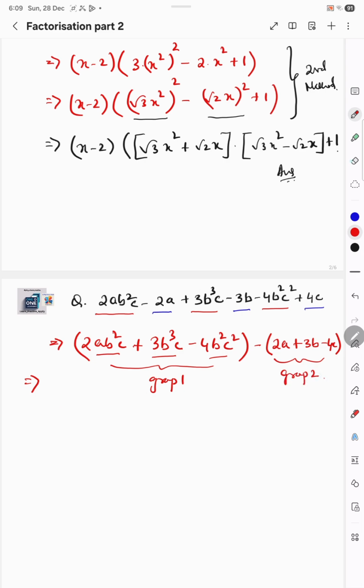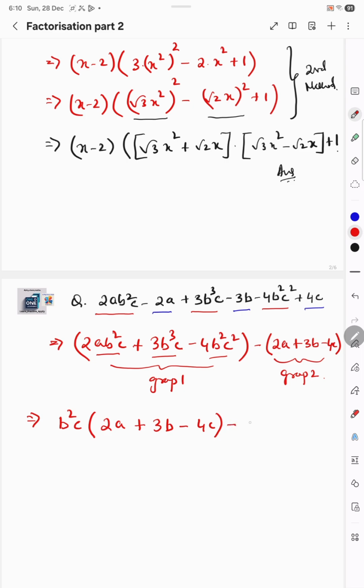So now we'll try to take b square c common from the first group. So we'll take b square c common from the first group. So we'll get 2a plus 3b minus 4c.